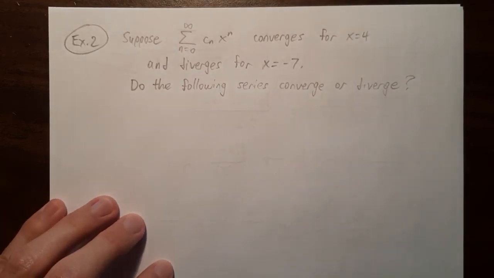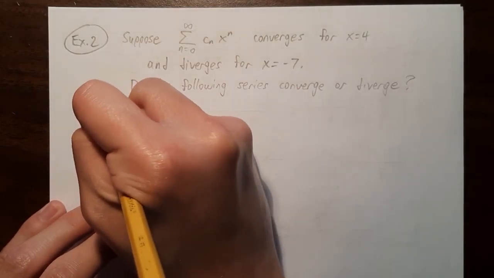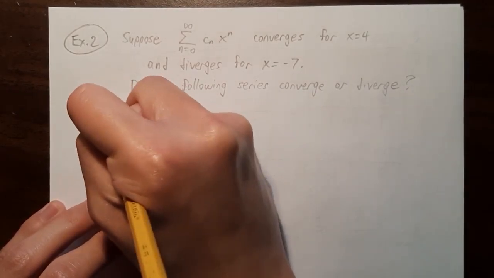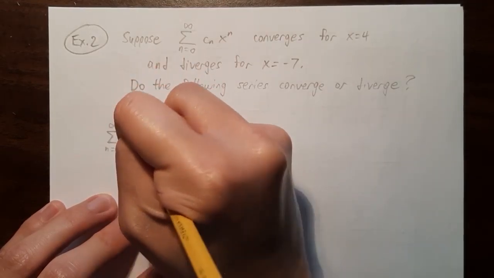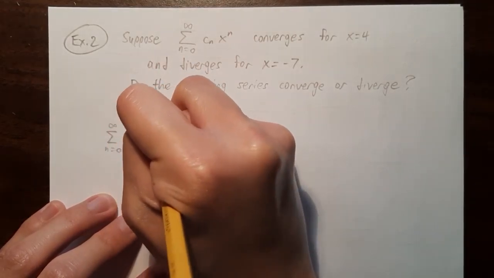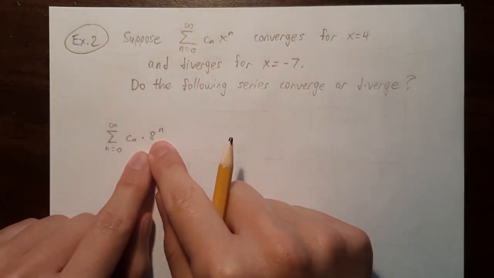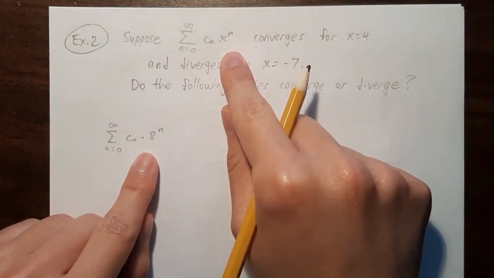And so the first one that I want to look at is this one. Sigma, the sum from n equals 0 to infinity of c sub n times 8 to the n. All right, so if we look at this for a moment, it looks a lot like the original series we started with.